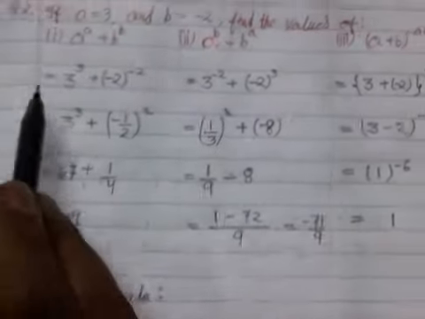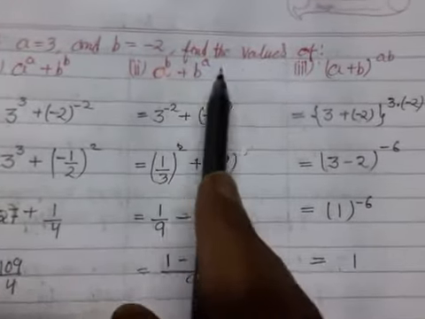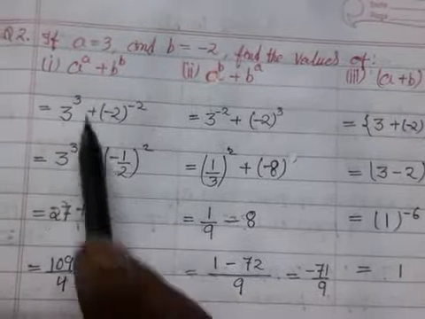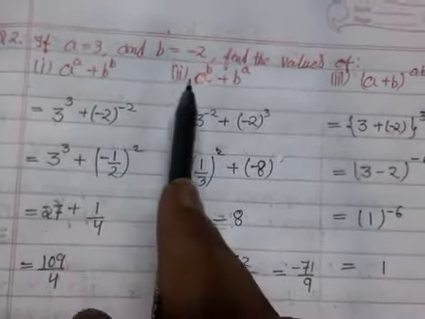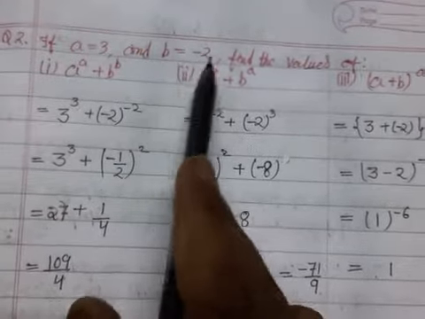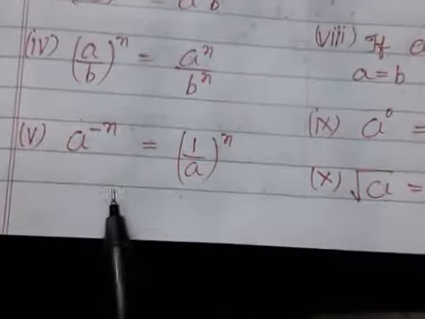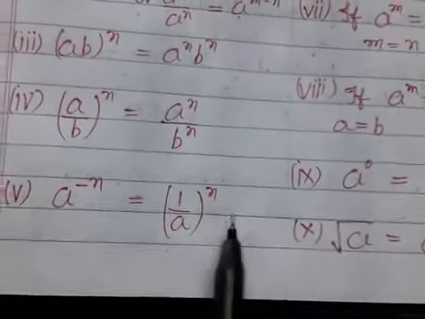Now this question is also very simple. If a is equal to 3 and b is equal to minus 2, find the values of a to the power a plus b to the power b. We know value of a is 3, so 3 to the power 3 plus, what is the value of b? Minus 2. Minus 2 to the power minus 2. We know in minus power we convert it into fraction or reciprocal.